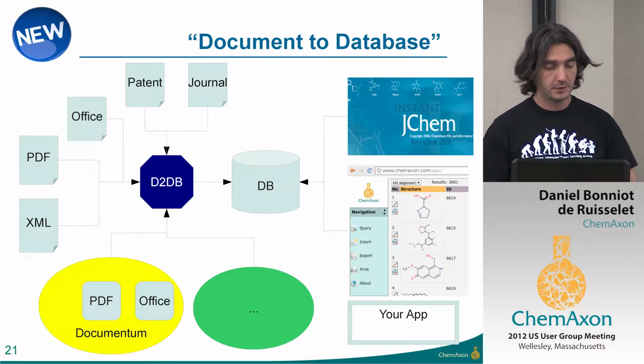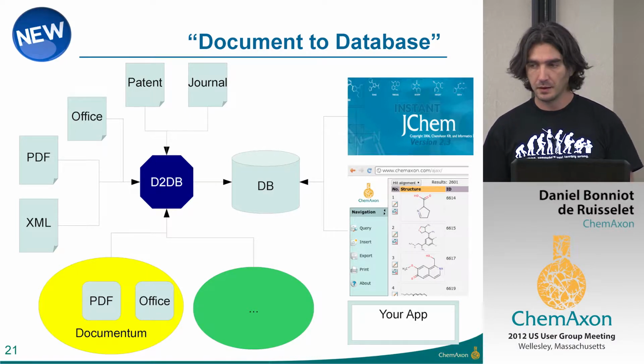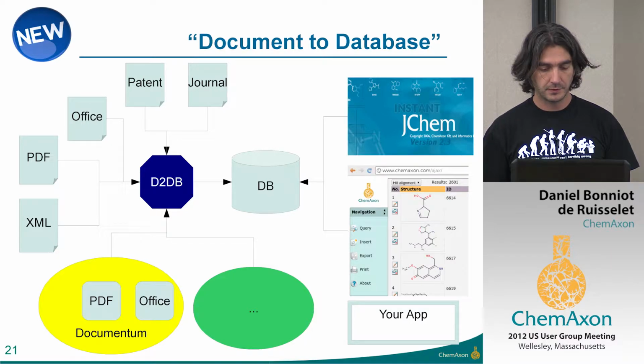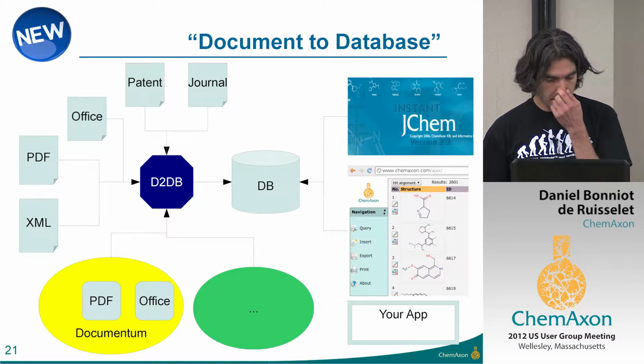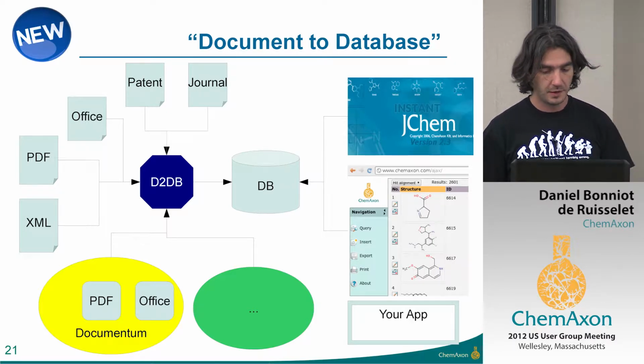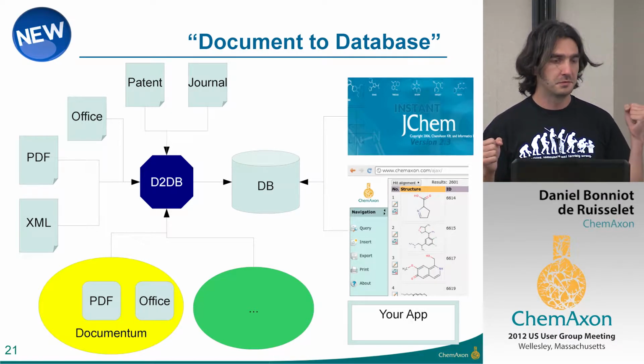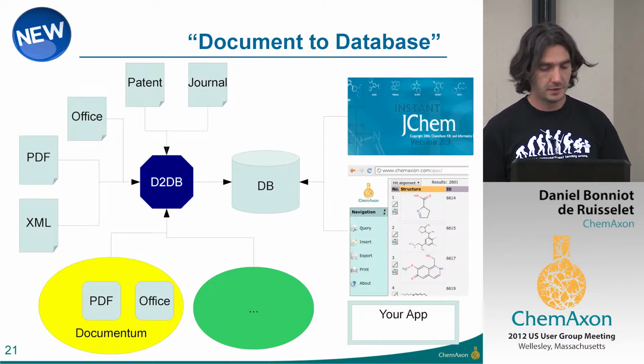So this is a source. It could be over HTTP, and there could be other sources that we would need to implement to read those structures. So what's happening is that all these sources are understood by this document to database, which is in short D2DB, and it's reading all the information and putting the information in the database.